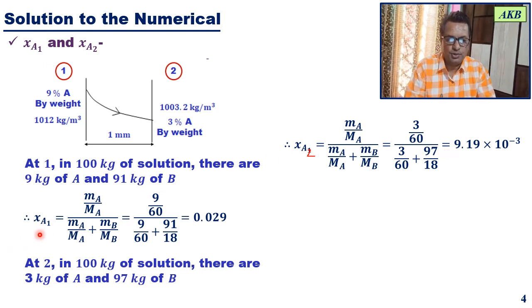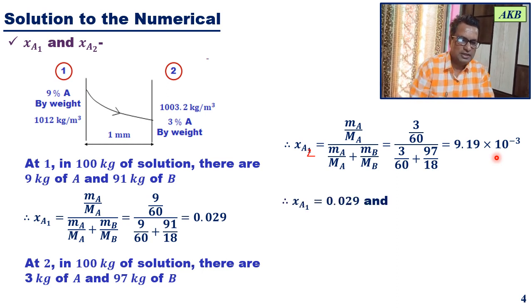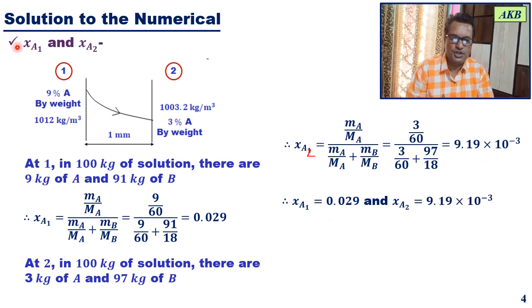Okay, so XA1 is 0.029 and XA2 is 9.19 into 10 to the power minus 3. So that ends this step. The objective of this step was to calculate XA1 and XA2, and now we have got those values.